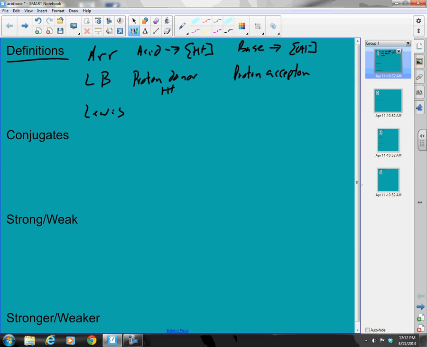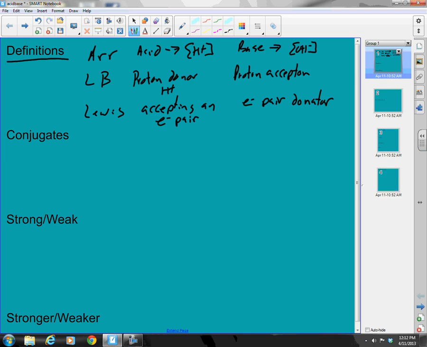Cool. And then what is a Lewis definition? Well, then an acid is a substance capable of accepting an electron pair. So it's an electron pair acceptor in a compound, and an electron pair donator in a compound is a Lewis base.